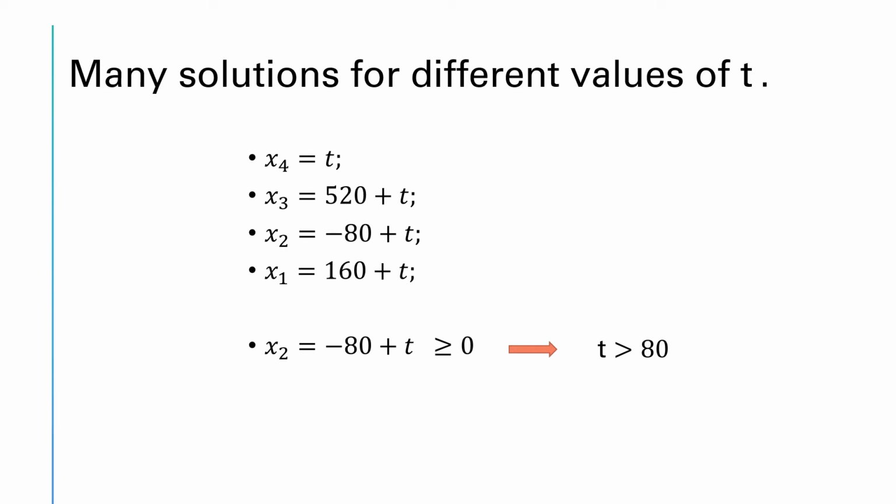Suppose it is necessary to perform road work on a stretch, say at a particular intersection. It is desirable to have as small a traffic flow as possible in that stretch. For example, take x2 equal to negative 80 plus t, which must be positive.